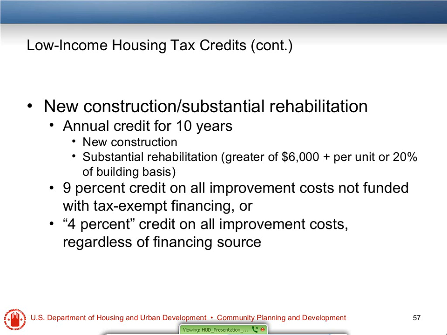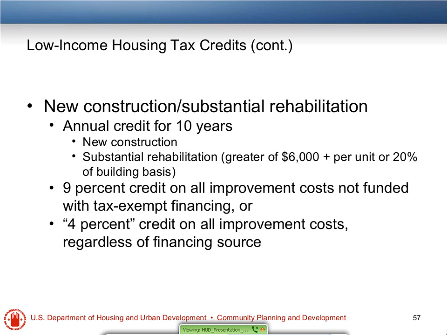The 9% is currently fixed at 9%, so it's not changing, and there is legislation proposed to fix that percentage indefinitely. I think it's fixed right now at least through 2013.